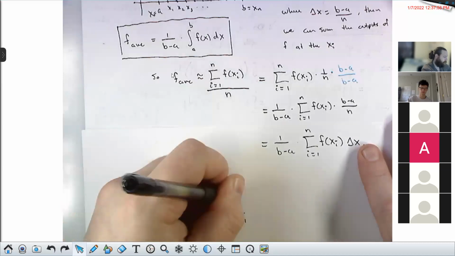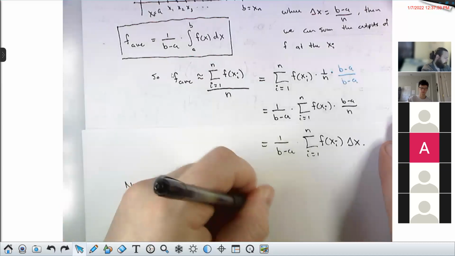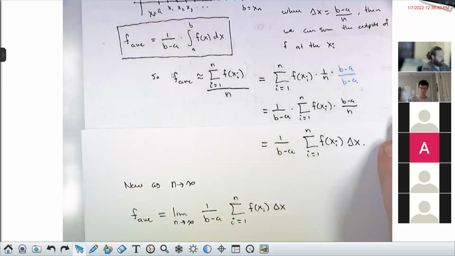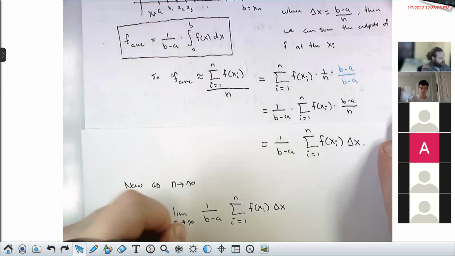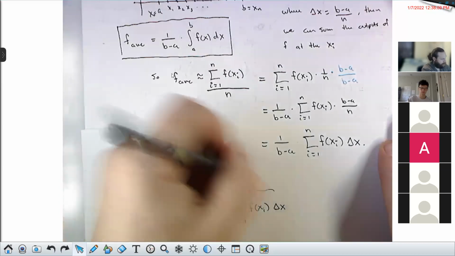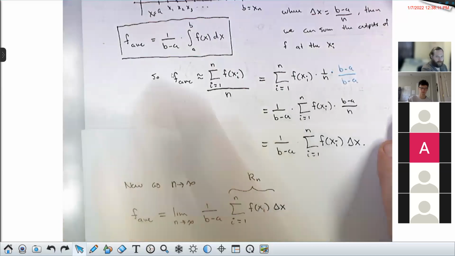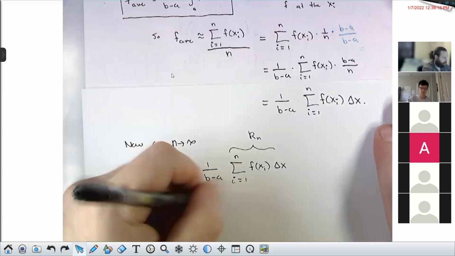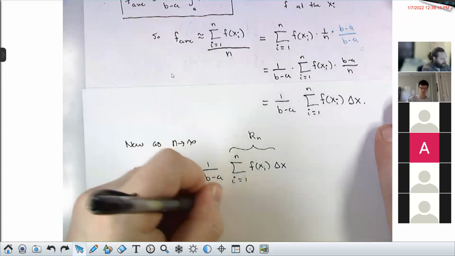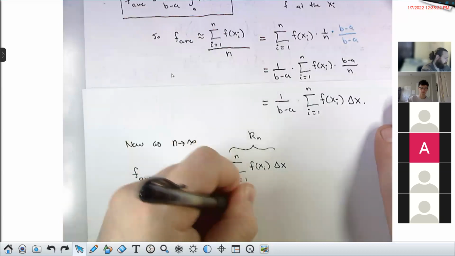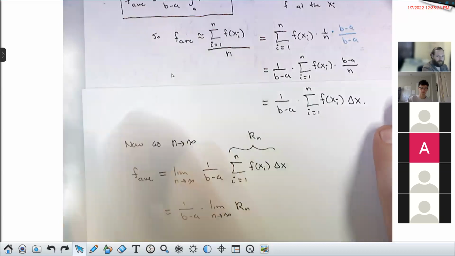And then you have your sum over i from 1 to n of f of xi times delta x, which is 1 over (b minus a) times this object, Rn, your right endpoint Riemann sum. So you have 1 over (b minus a) times the limit as n goes to infinity of Rn, your right endpoint Riemann sum.